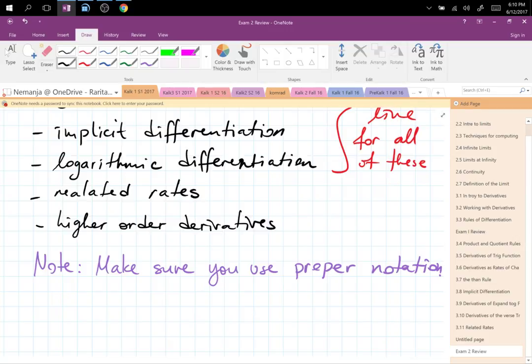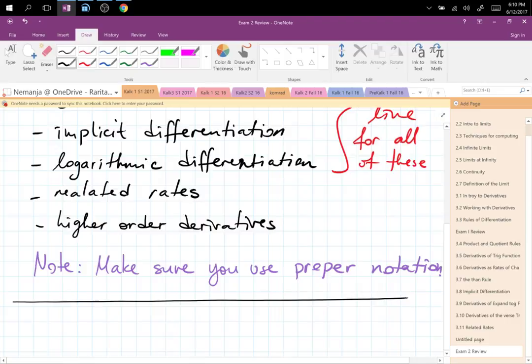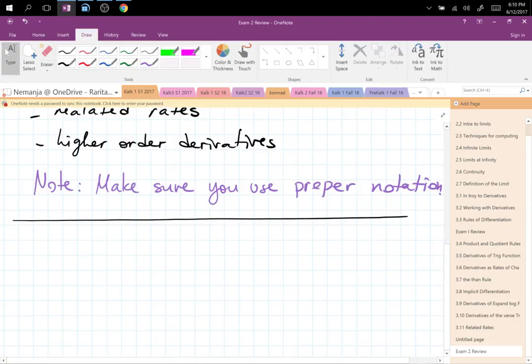Let's do your problem first. I guess page 200. I guess 23 looks like fun.